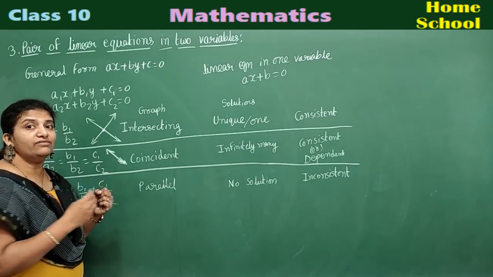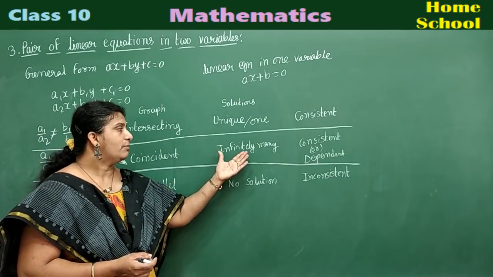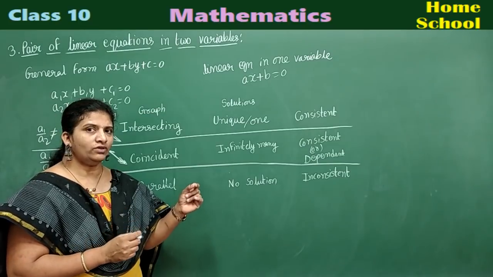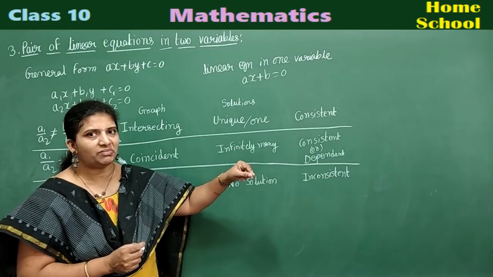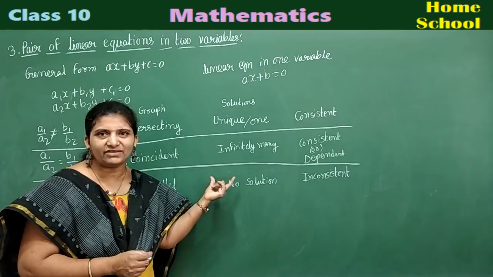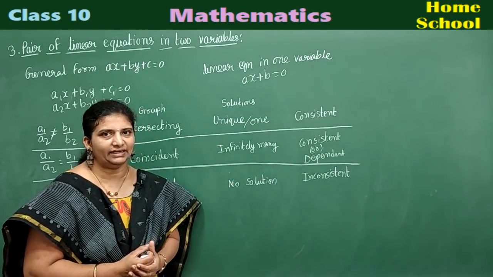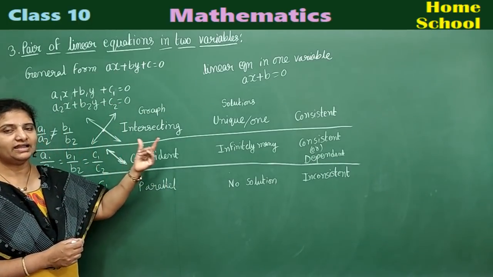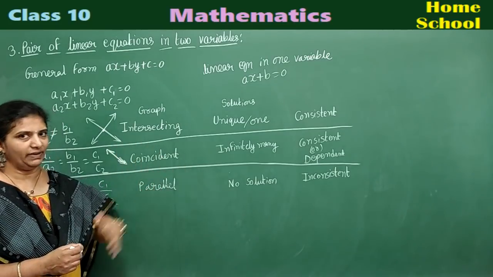They are having infinitely many solutions. And they have a solution, therefore the consistency is they may be consistent or they may be dependent. Okay, they are having a solution, therefore they are consistent and dependent. If all the ratios are equal, they are coincident lines and they will be having infinitely many solutions and they are consistent or dependent.